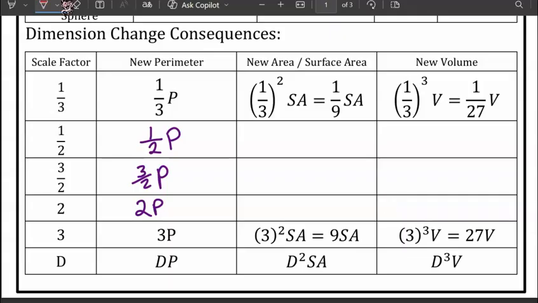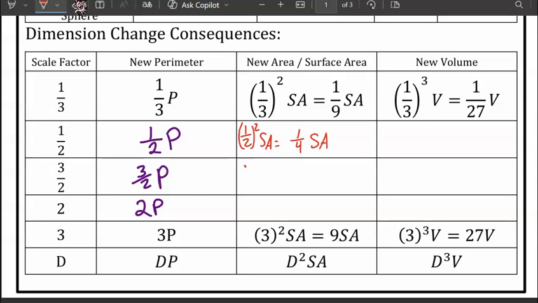Now, to find the new area or surface area, you're going to square that scale factor. So it'd be 1/2 squared times your surface area. Your new surface area would be 1/4 times the surface area.